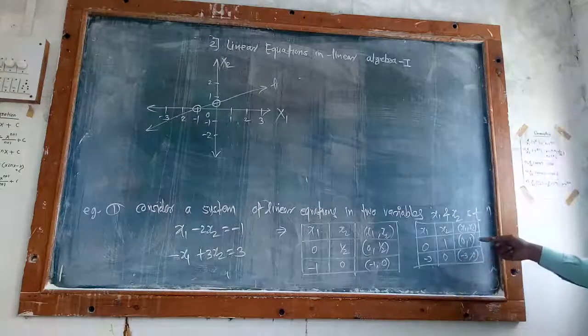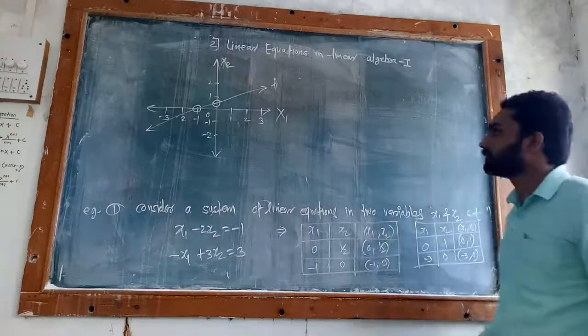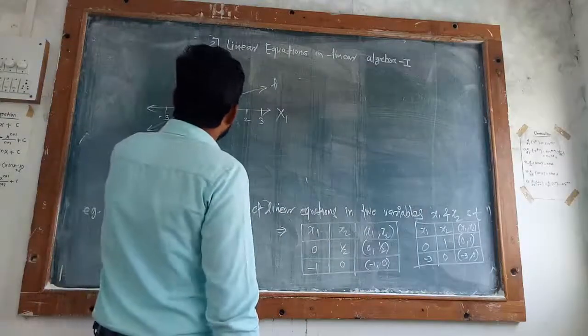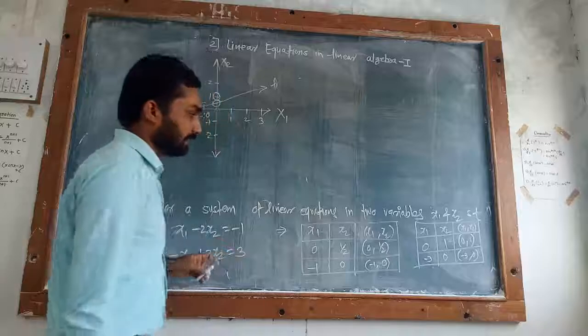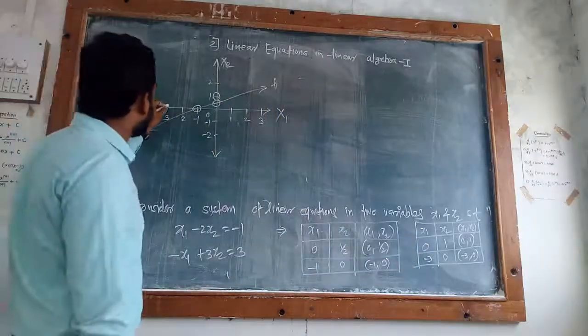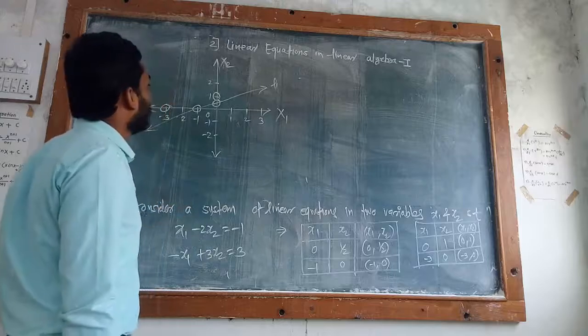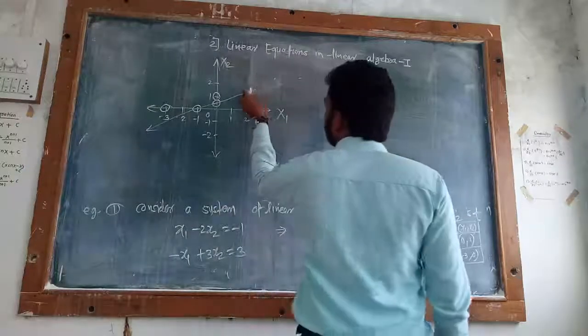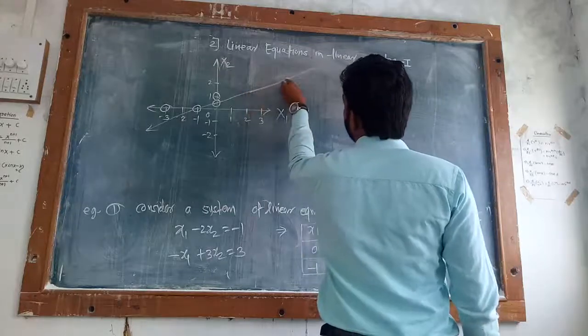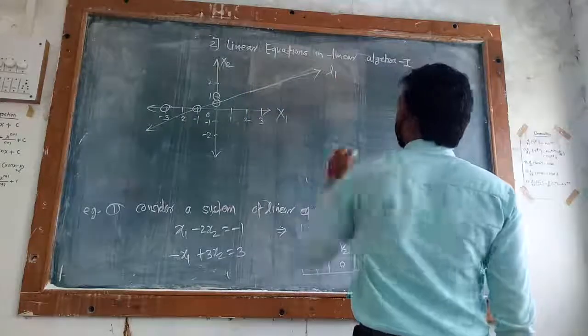So we have to plot these two points: (0, 1) and (minus 3, 0).